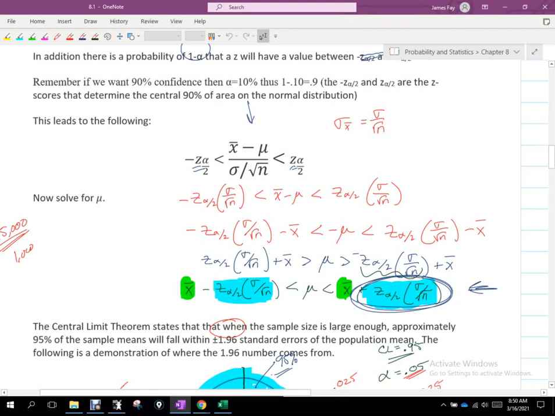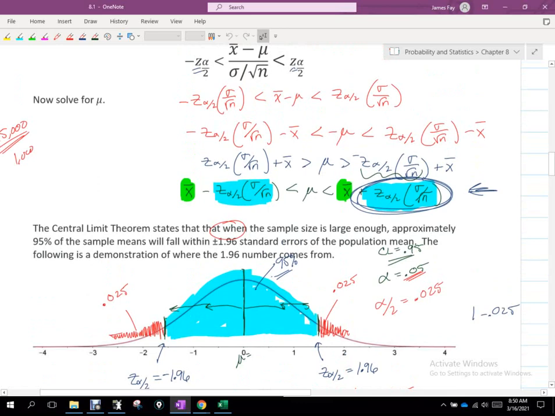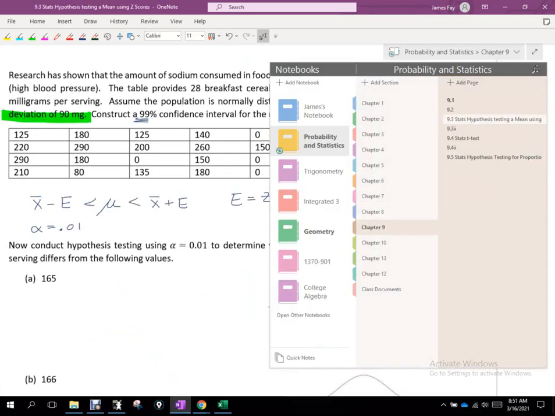But solving that for mu will lead to that formula we just created, where the standard error is sigma over root n, and then we multiply that by our z-score to get the margin of error. Okay, guys, remember doing that? All right.